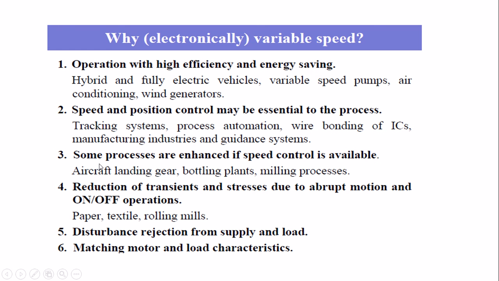Why variable speed? First, operation with high efficiency and energy saving: hybrid and fully electric vehicles, variable speed pumps, air conditioning, and wind generators. Second, speed and position control may be essential to the process: tracking systems, process automation, wire bonding, manufacturing industry, and guidance systems. Third, some processes are enhanced if speed control is available: aircraft landing gear, bottling plants, and mining processes. Fourth, reduction of transients and stresses due to abrupt on-off operation: applications in paper, textiles, and rolling mills.